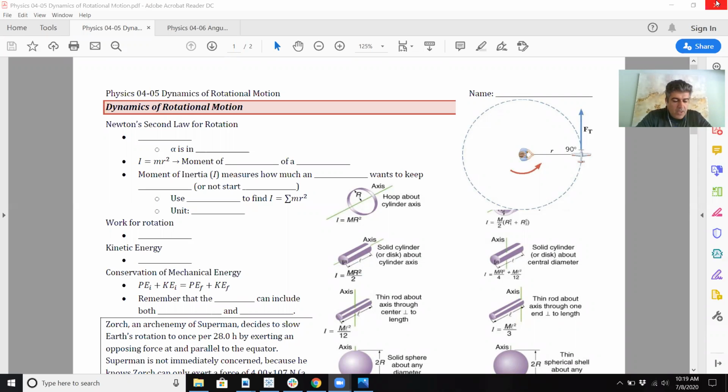So Newton's second law of rotation is very similar to the second law of motion. Remember, Newton's second law of motion was F equals ma. So it's going to be kind of similar here.